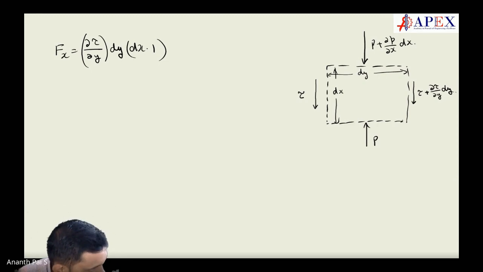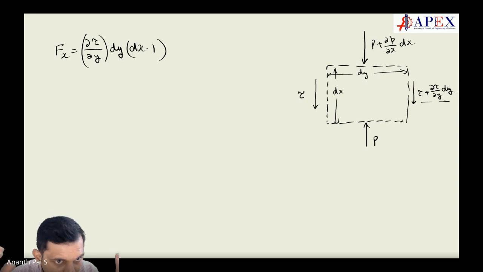This is the total force on that, if you see. Okay, so Fx is this minus this into what is the area, what is the total volume which is there. Volume is dy, sorry, it is acting on this one, dx into 1, is it not?